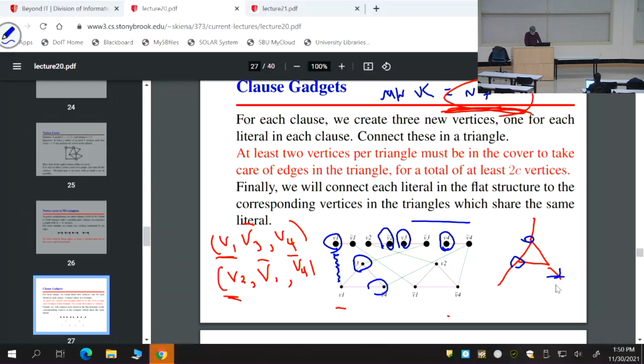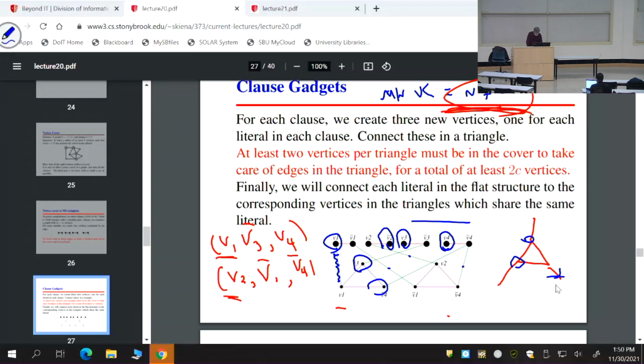But now do you see that I'm stuck? I've got to cover this edge, and this edge, and I got no help from my truth assignment. There is no way I can cover the three edges of my triangle and those three connecting green edges by just using two vertices. Does everybody kind of see that?